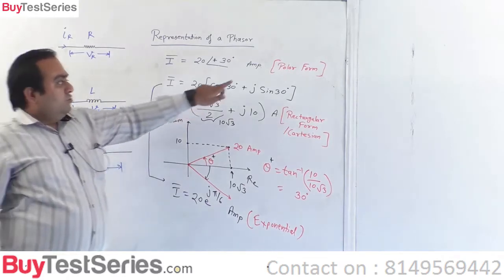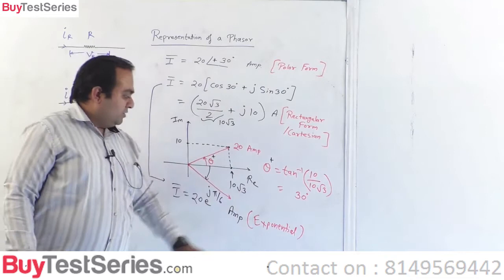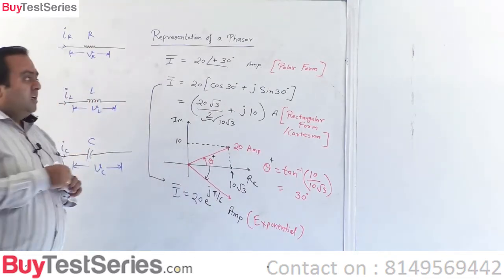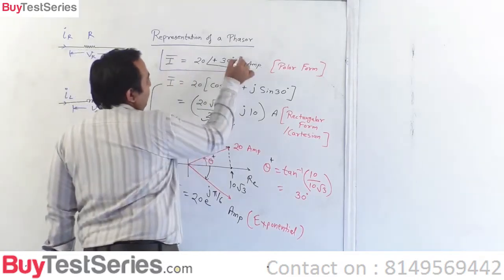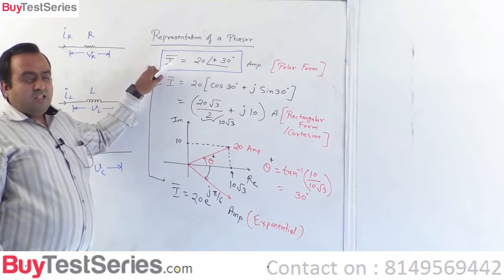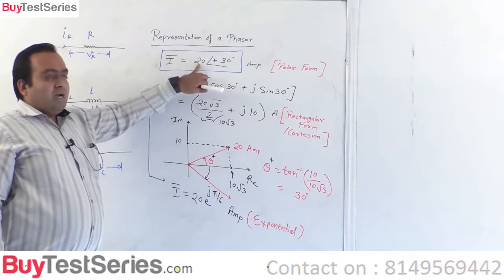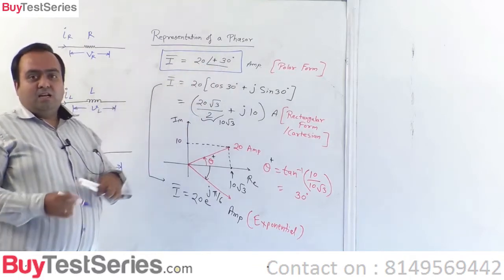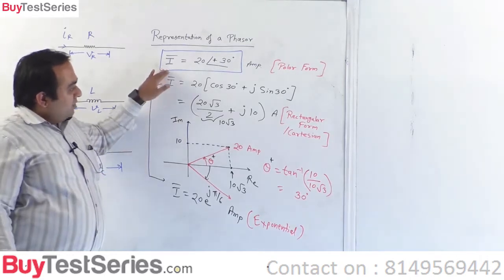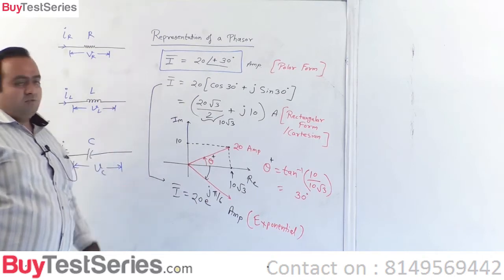So either we can choose the polar form, or the Cartesian form, or the exponential form. Without loss of generality, in the problems to come, we shall always prefer the polar form, because it gives us clear information as to what is the magnitude and what is the phase. How much is the magnitude of the current, and by what angle will it lag or lead the reference phasor. So polar form, Cartesian form, exponential form, we have to deal with these forms of phasors.